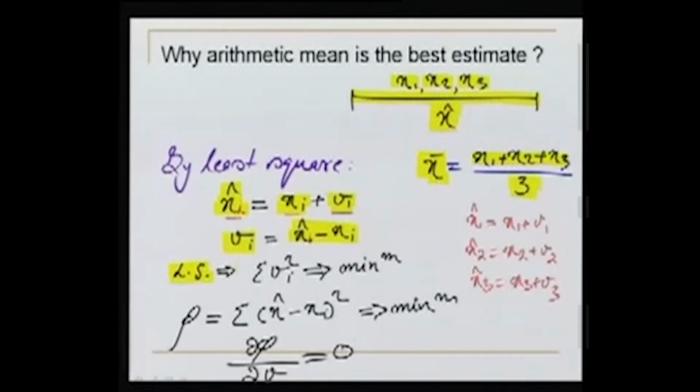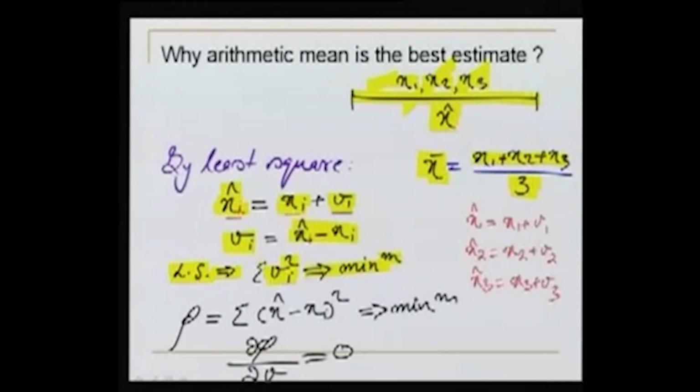In the case of the least square, right now we are considering all the observations, x1, x2 and x3, taken with the same unit weight. So there is no weight here. And the least square says sigma of vi square should be minimum. So this is what we will try to do now.